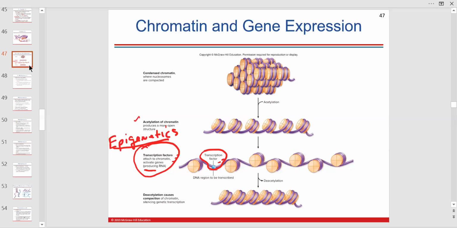So again, this is gross examples, but say eating superfoods can cause a suppression of a bad gene and an expression of a good gene. So lifestyle could matter here.